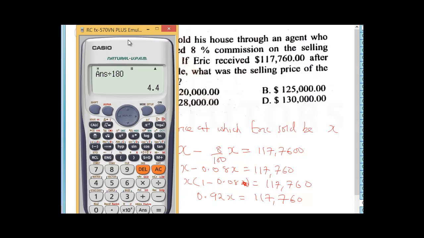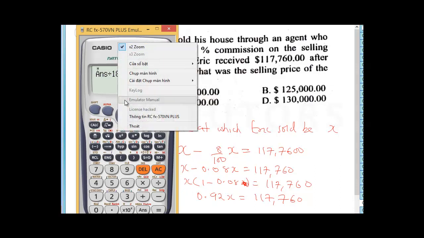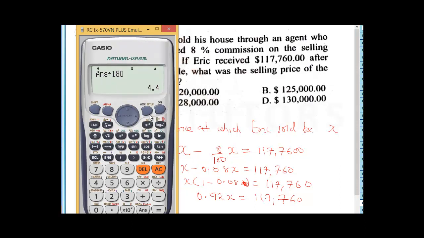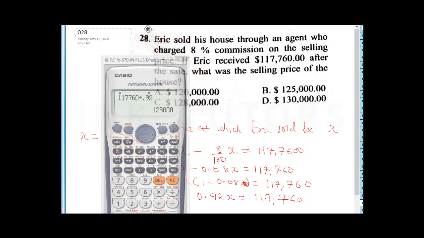So it says 117,760 divided by 0.92. So that means the house was sold for 128,000 naira.